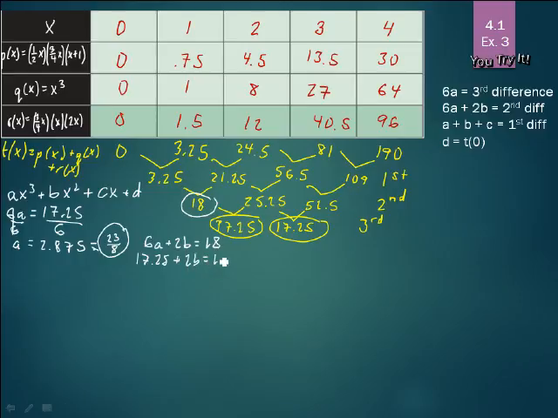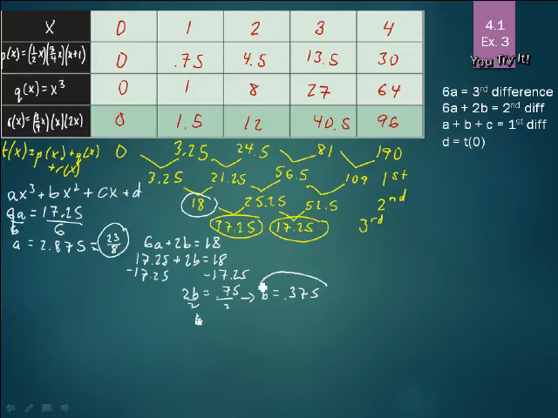Subtracting 17 and 25 hundredths on each side, we get 2b equals 75 hundredths. And if we divide by 2 on each side, then we get b equals 375 thousandths.